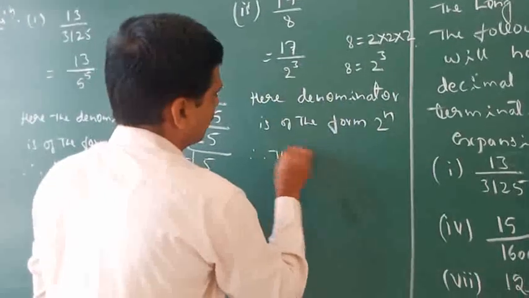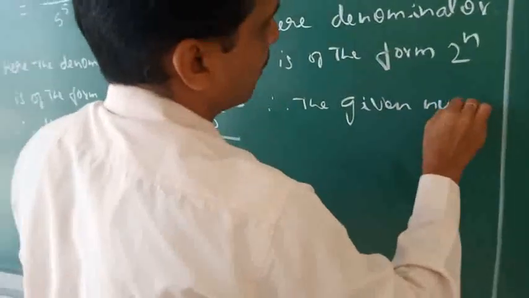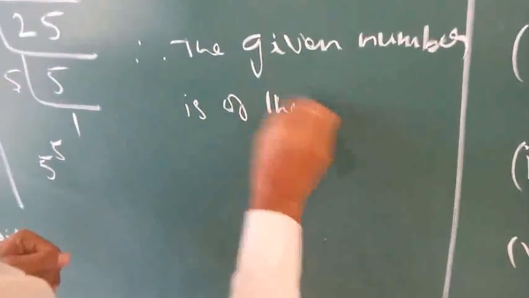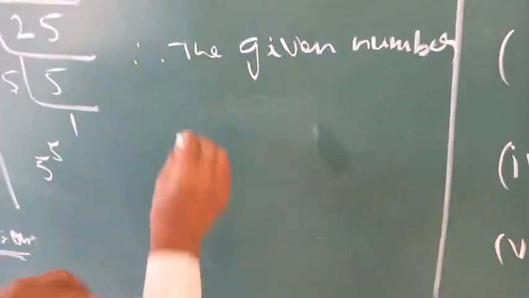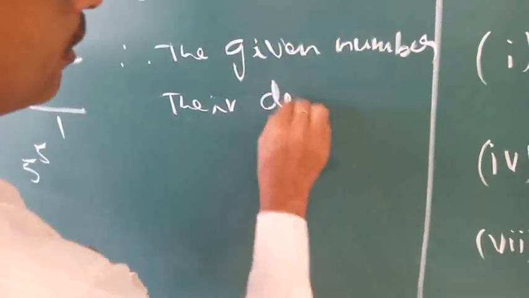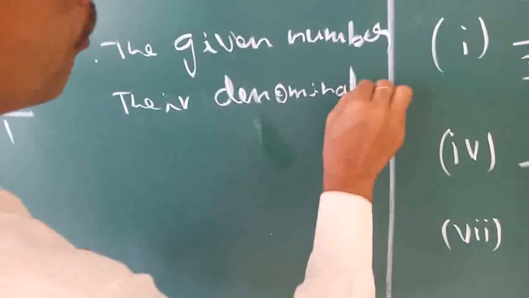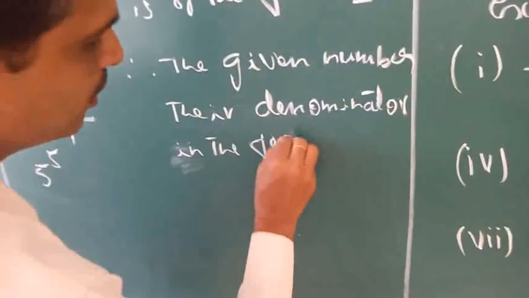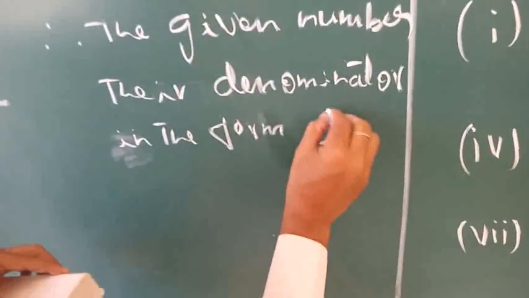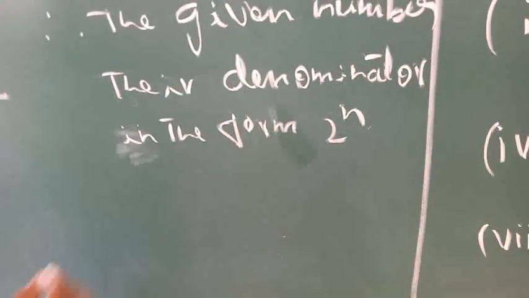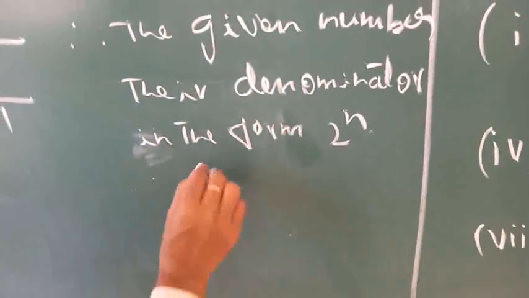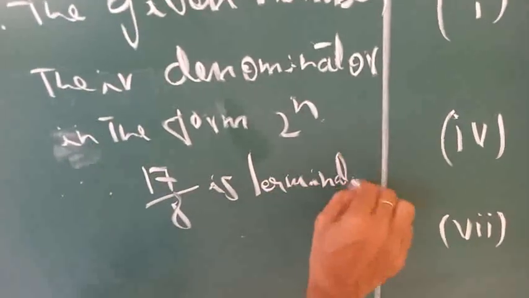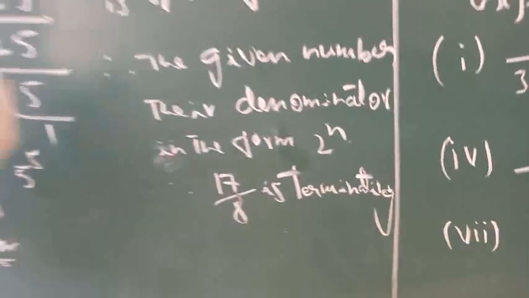Therefore the given number's denominator is of the form 2 to the power of n. So that is why 17 divided by 8 is a terminating decimal expansion. This is the result.